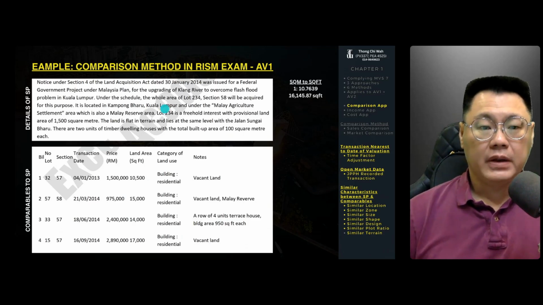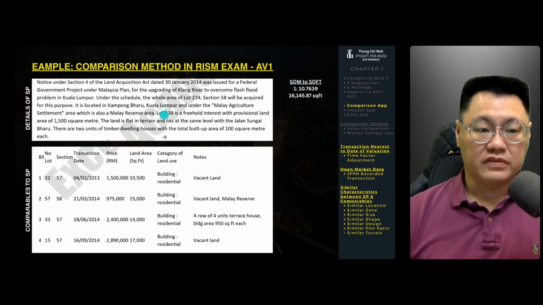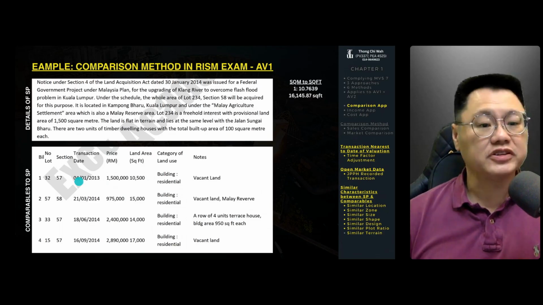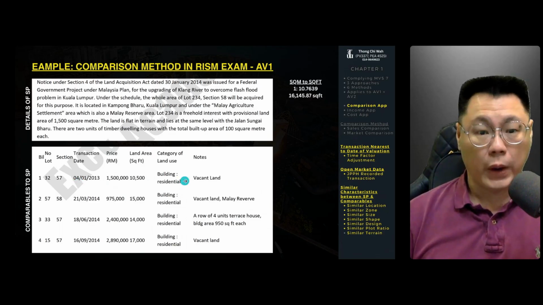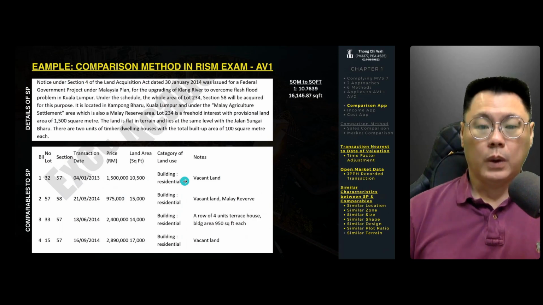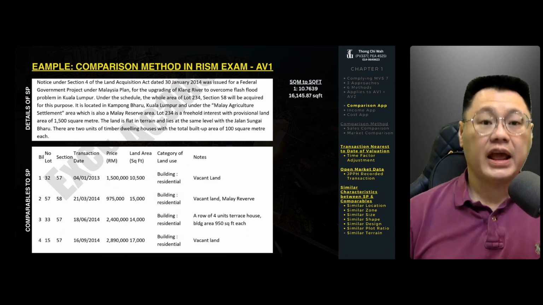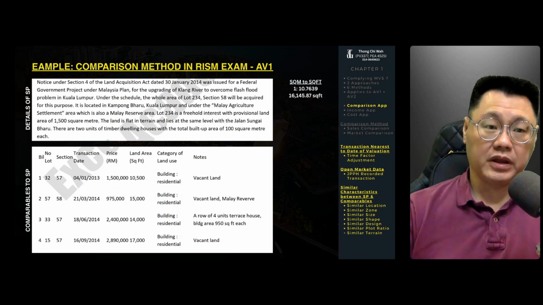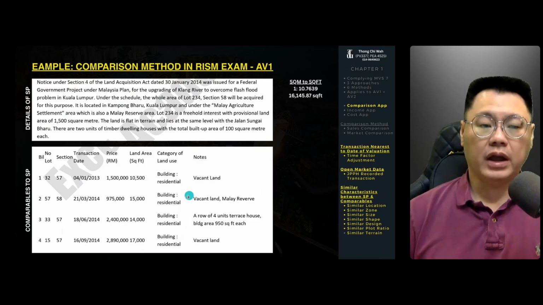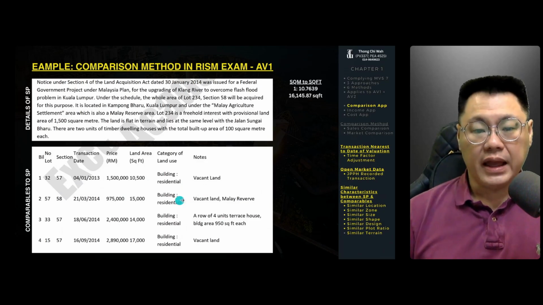So for this question, first, let's look at the comparables. They provide comparables. The first comparable is, of course, vacant land. Once it's vacant land, it does not have other status. This is open market and actively traded. Anyone can purchase the property. The next one is Malay Reserve. Vacant land, but Malay Reserve.